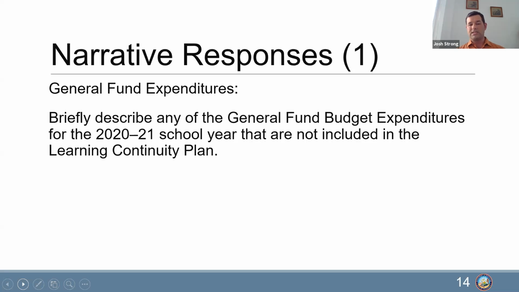So instead, in keeping with the requirements of Senate Bill 820 to align the budget overview for parents to the learning continuity plan, the prompt reads as follows: briefly describe any of the general fund budget expenditures for the 2020-21 school year that are not included in the learning continuity plan.